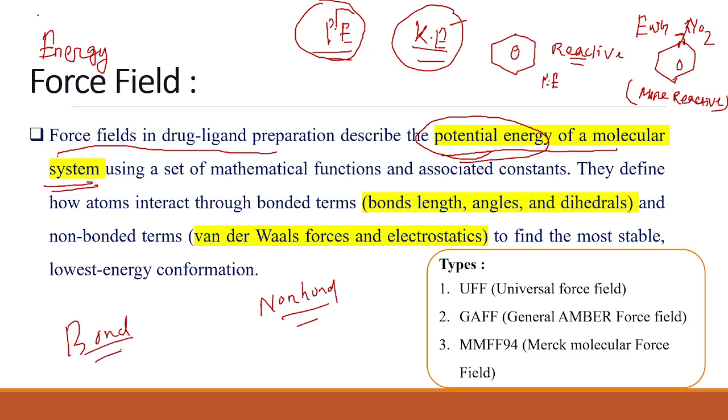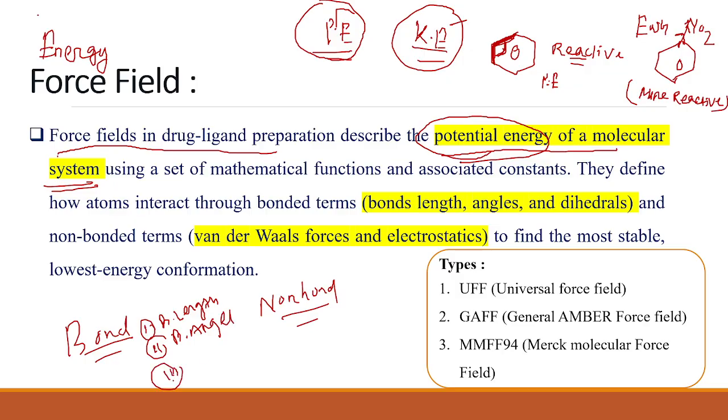Okay, let's consider one thing. Now we have a structure of benzene. What are the parameters of this benzene ring? What are the things we can visualize? We can visualize the bond length. So the bonded thing is the bond length. Then between these two bonds, what is the angle being created? That will be the next thing, the bond angle.